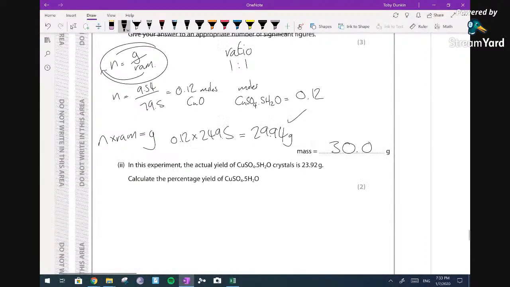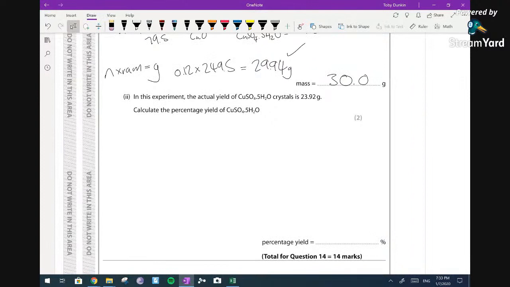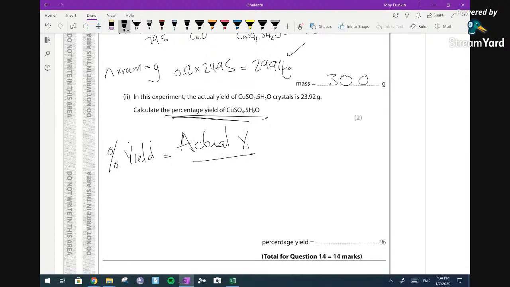In this experiment, the actual yield of copper sulfate crystals is 23.92. Calculate the percentage yield. Right, percentage yield is the actual yield over theoretical yield times 100. So let's put in that data.